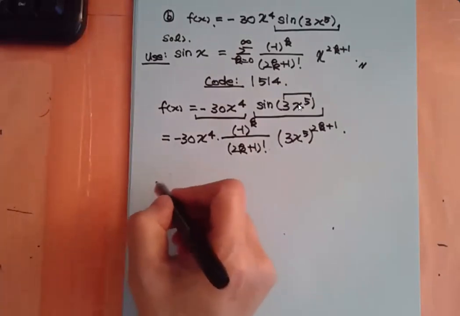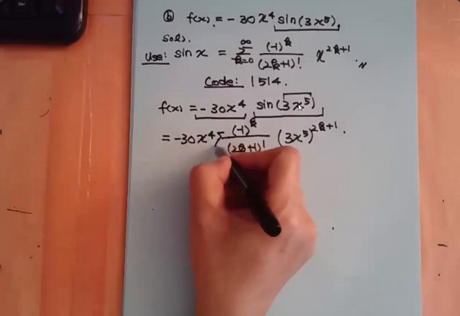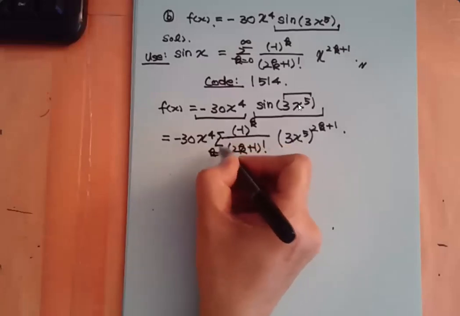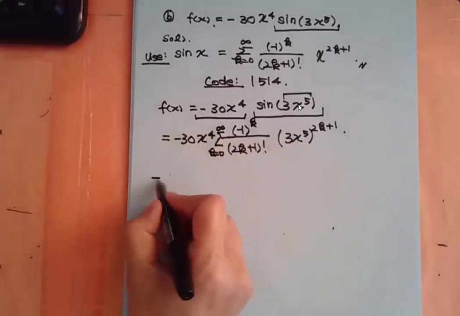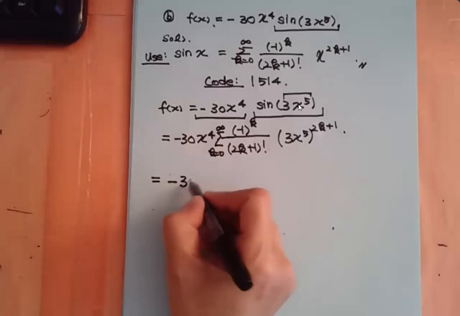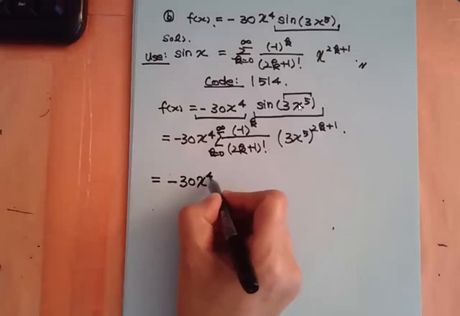So it is summation k equals 0 to infinity. So that is negative 30 x to the fourth power.